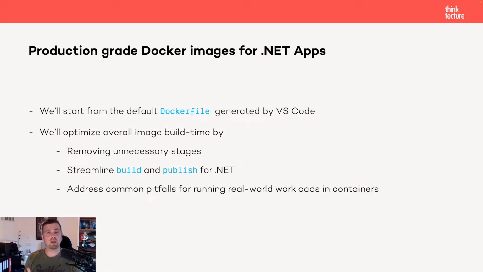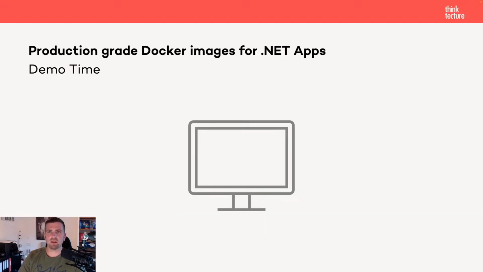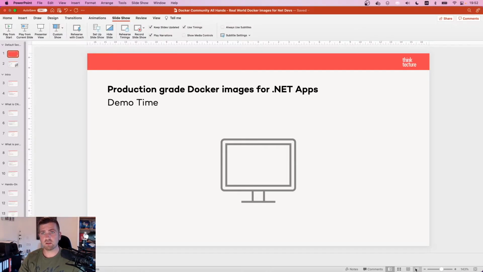We could streamline the process of building and publishing .NET applications inside of the Docker image. And last but not least, we will address a very common pitfall that you may hit when running your .NET application inside of a container. All right, that said, let's jump right into VS Code.